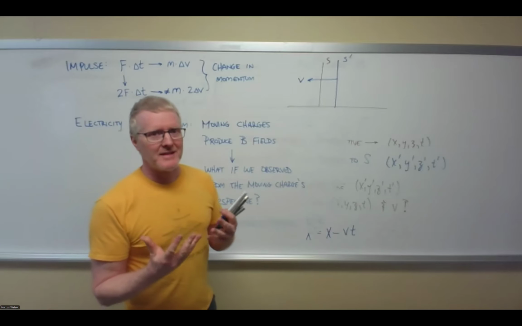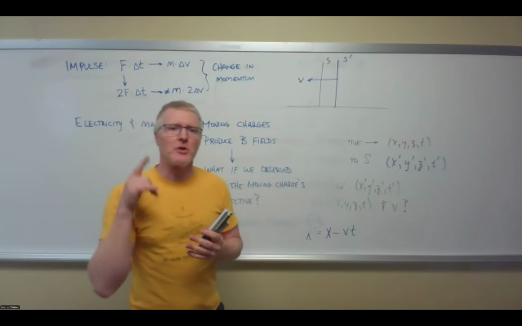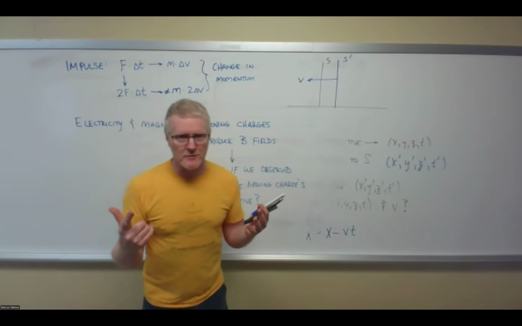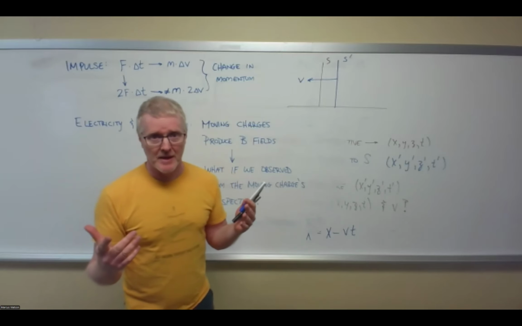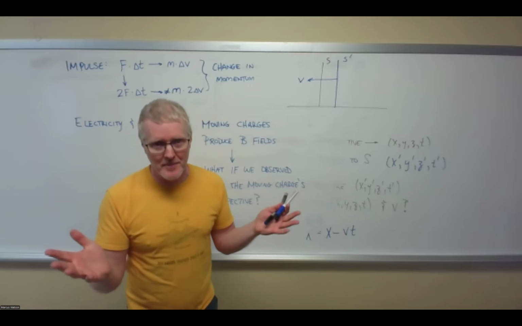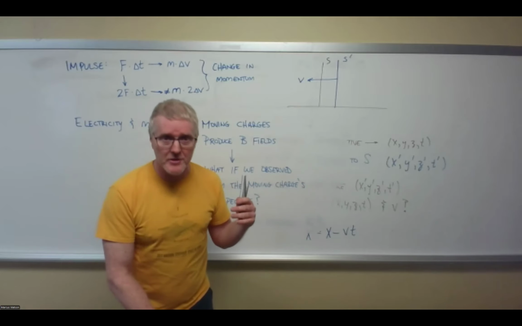So the idea is you are never in a prime frame. The prime frame is always the one that's moving with respect to you, because your origin is always at your feet. If you ever look down and you see your feet, then you're in the prime frame. I'm sorry, you're in the unprime frame. Right? And everything else is in the prime frame because your origin is your feet.